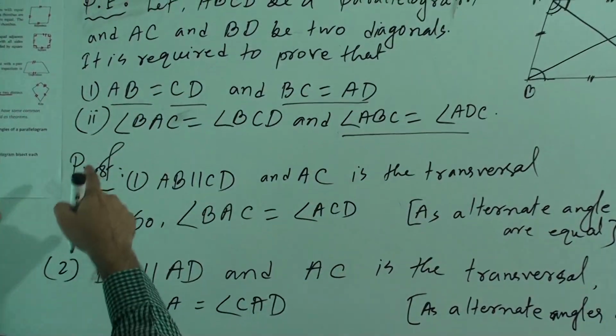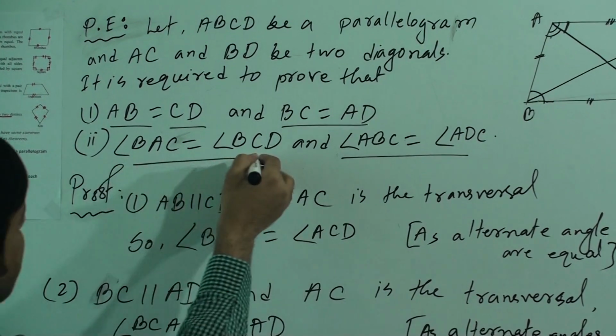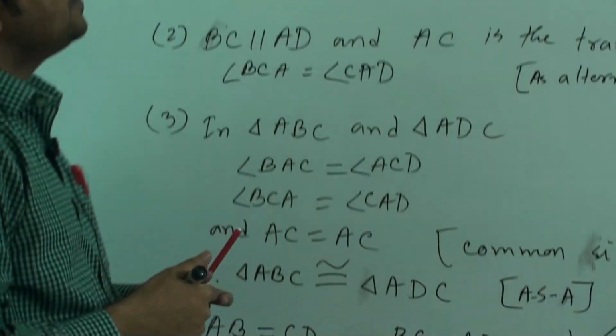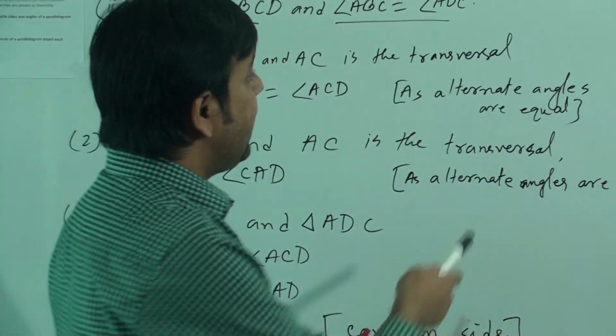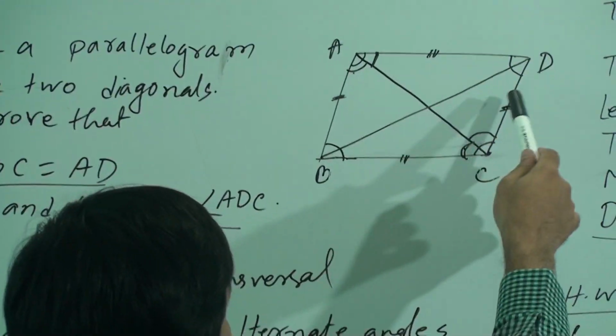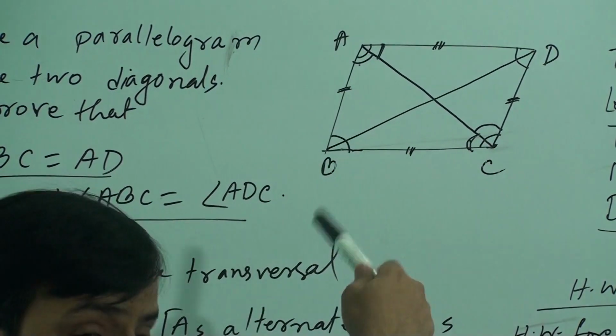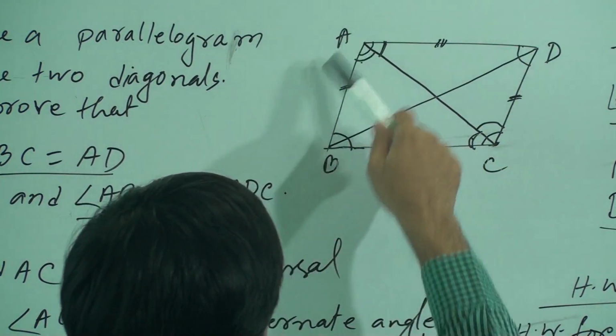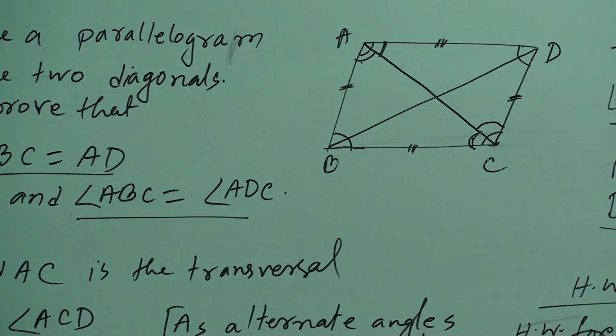So we just need to prove now angle BAD equal to angle BCD. How can we prove? Similarly, if we consider the diagonal BD, we will get two congruent triangles, ABD and BCD.